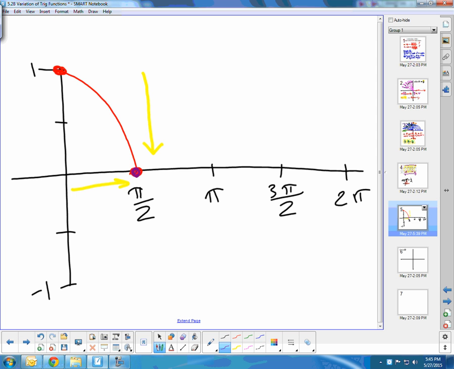I started with cosine of pi over 2 equal to 0, and I know that as my theta goes from pi over 2 to pi, my function is going to continue to decrease from 0 to negative 1, and I get the next piece of my cosine function.